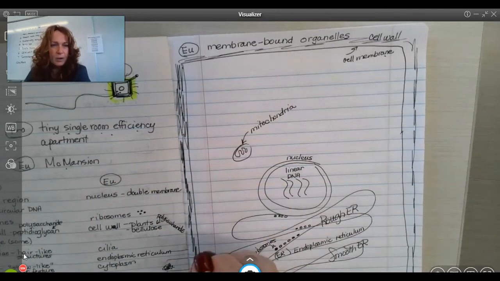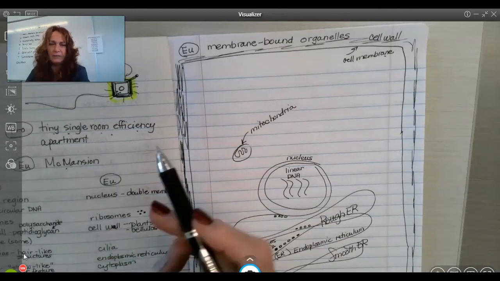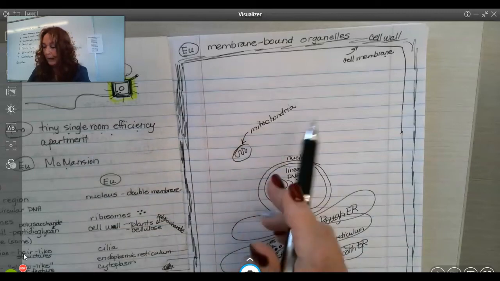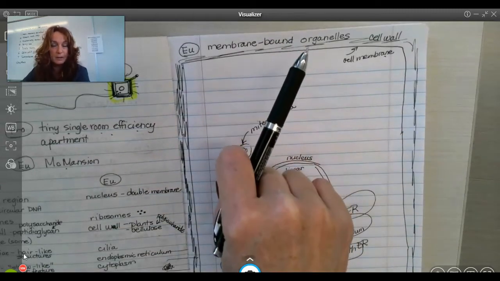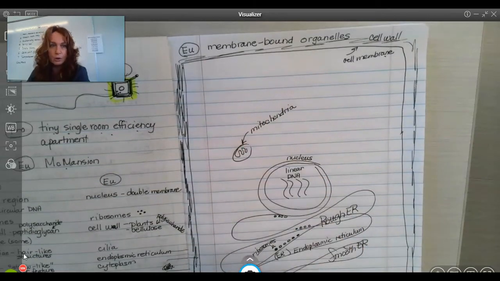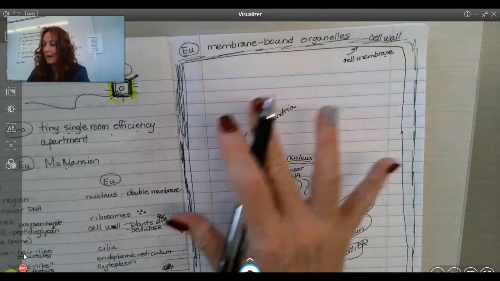I don't know about you, but I don't want to go take a shower in front of everything. If you got company, where are you going to do it? In front of everybody? No. I'd kind of like to have little compartments, because a shower is a specific location to do a specific thing. And so that's what eukaryotes have.